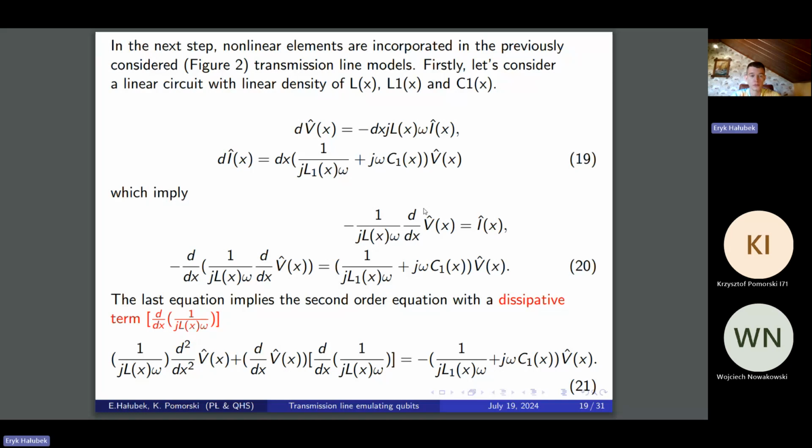Then we could write the following equation 19, which implies the equations shown here. And the last equation implies the second order equation with the derivative term d by dx times 1 over j L of x omega.